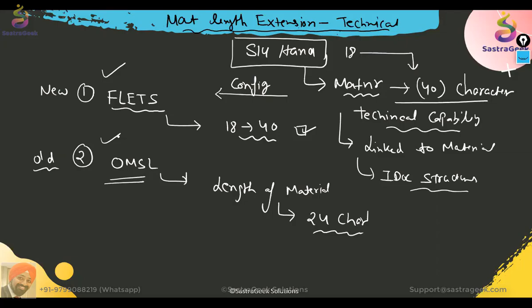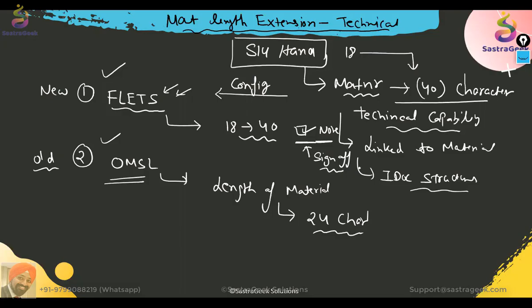Okay. Now the question comes, when the field length is 18, why has this additional configuration been given? With this additional configuration, SAP also mentions a SAP note here, and they also take your sign off in this config.